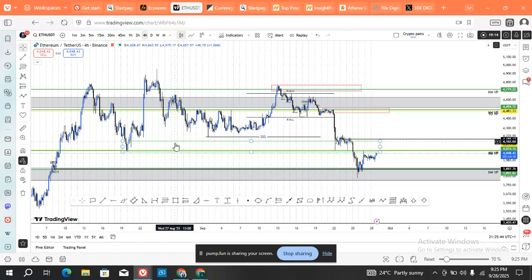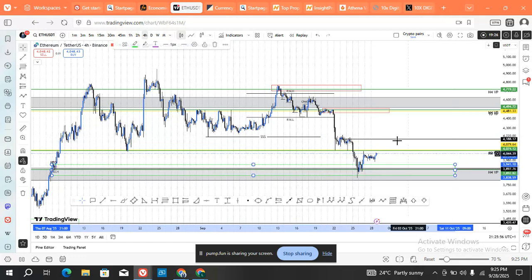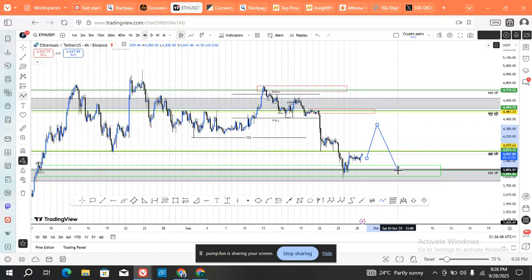So if I'm to update this, this is a low that Ethereum came to respect all the way here. So Ethereum probably has the same view as Bitcoin. It's going to have a corrective structure all the way to this level for another drop.